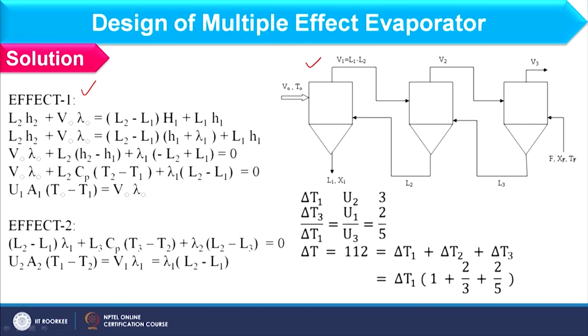When we consider the first effect, we have to consider whatever streams are entering, like V naught and L2, and the streams which are exiting, like V1 as well as L1, because we have to make the material and energy balance, and for that we make an envelope around the system. Whatever streams are entering into it and exiting from it, we have to focus on. As I have 2 streams entering and 2 streams exiting, let us see the material and energy balance.